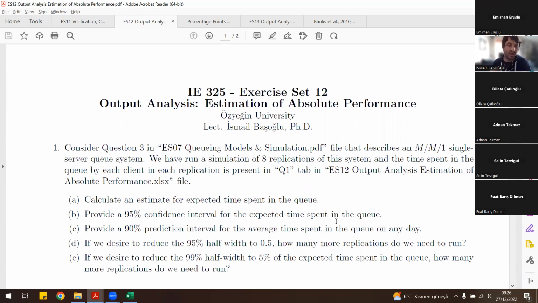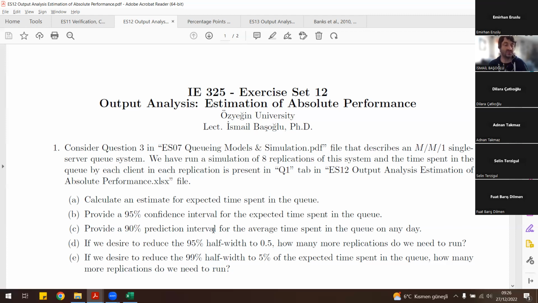I have already mentioned this in the theoretical lecture. A confidence interval tries to bound the expected waiting time in the system, whereas a prediction interval tries to bound the average waiting time on any day.